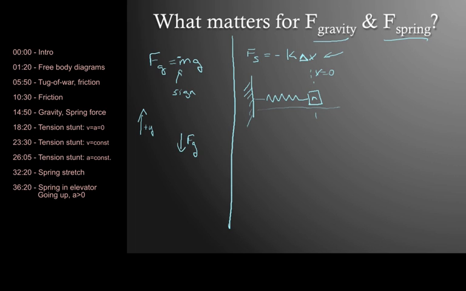Now let's mess things up a little bit and pull the mass this way until it's sitting right here. So what we've done is we've displaced this mass by pulling it a distance delta x.